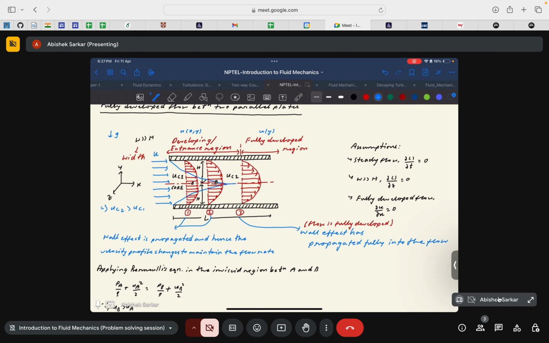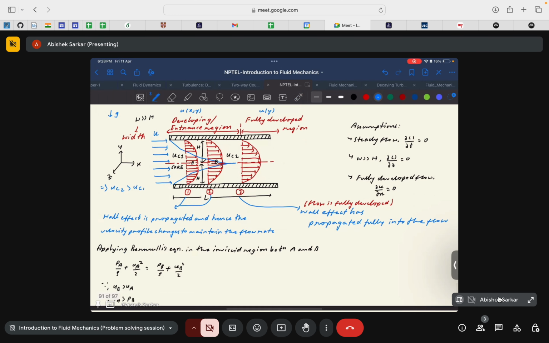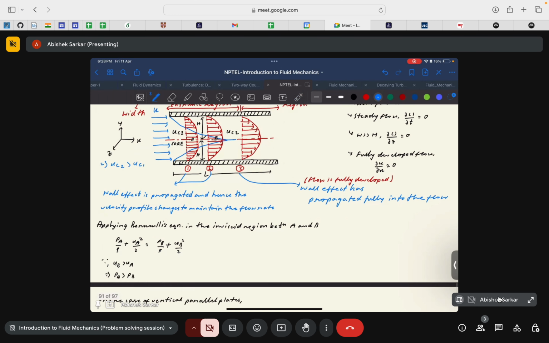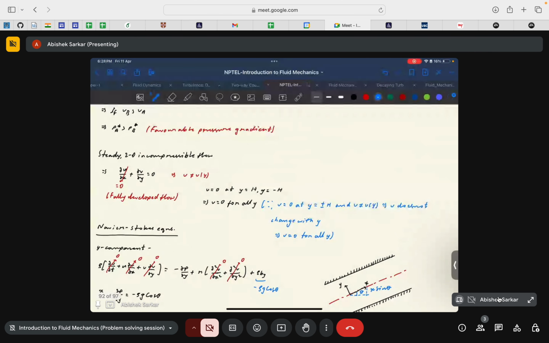You will eventually see why there is no v and z component velocity. So let us directly go to why it is essentially 1D.